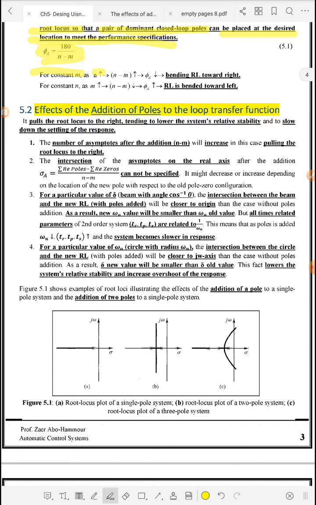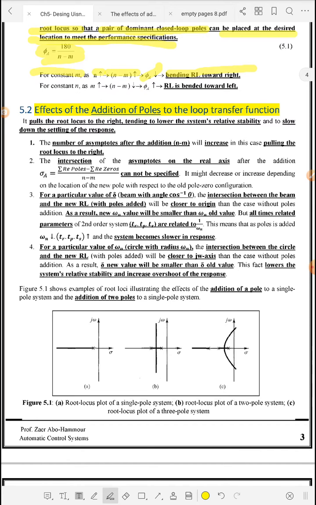Addition of more poles means n increases. Then what will happen? n minus m in the denominator will be increasing. As a result, phi a will be decreasing, and as I have previously mentioned, the root locus will be bending to the right hand side and the system will become unstable.